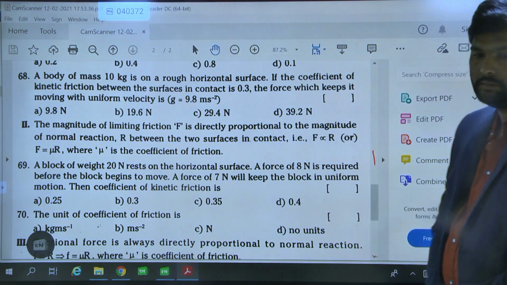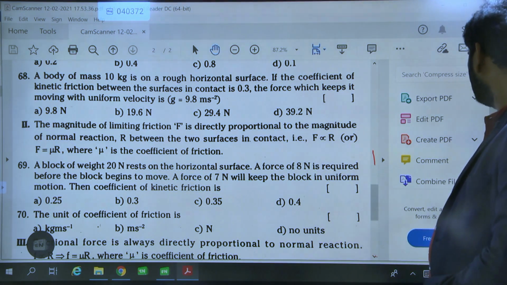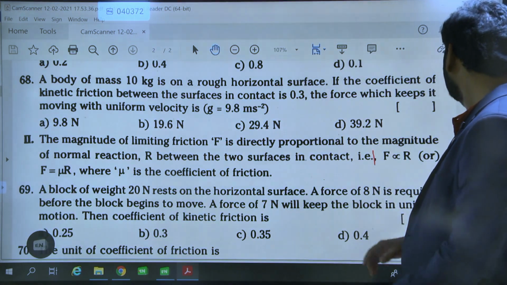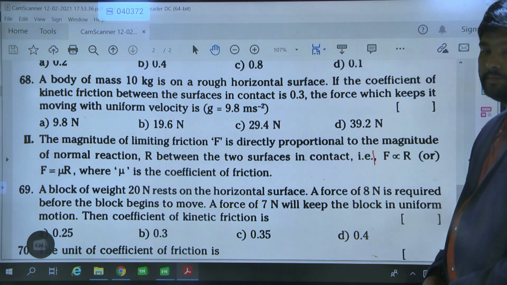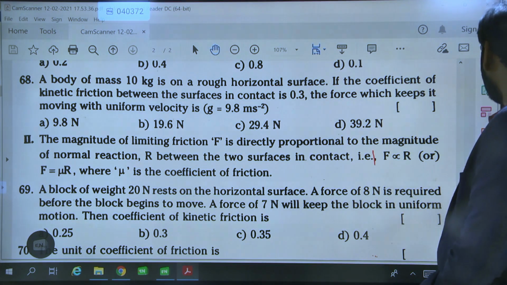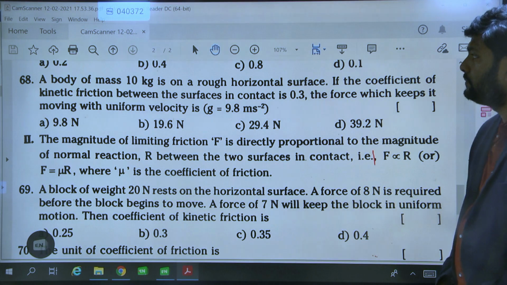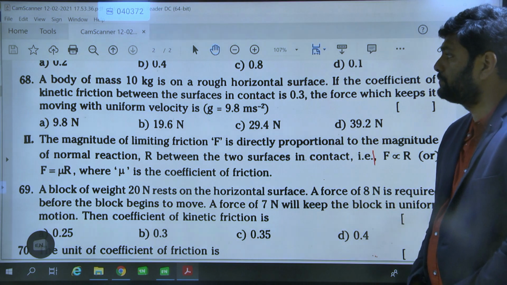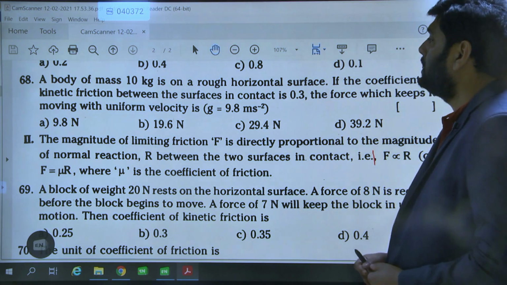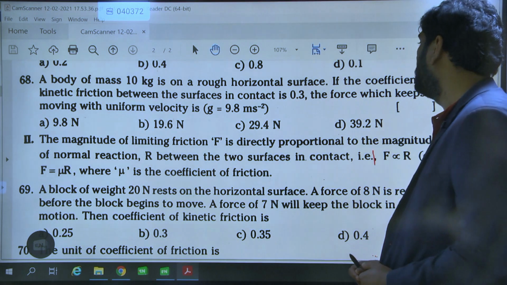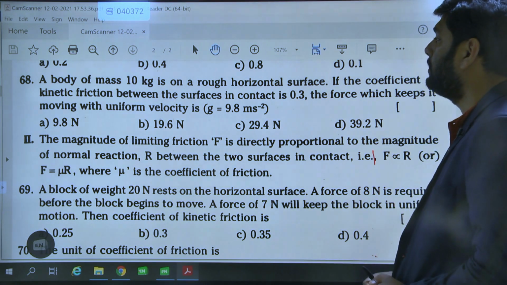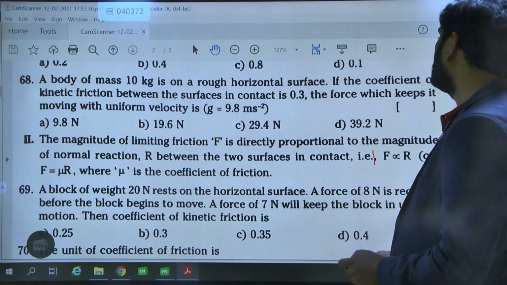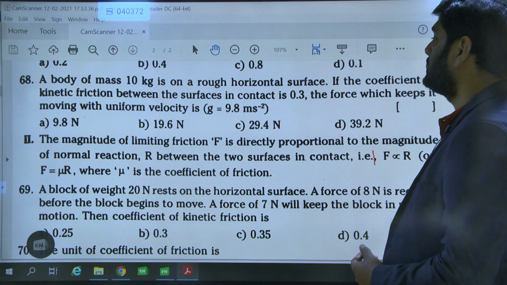If the coefficient of kinetic friction between the surfaces in contact is 0.3, the force which keeps it moving with uniform velocity is, taking g as 9.8 meter per second squared.